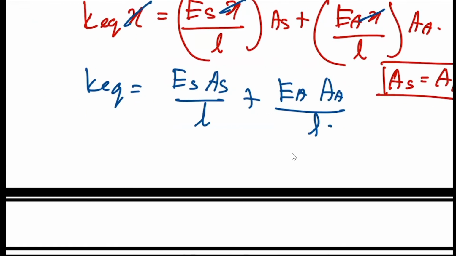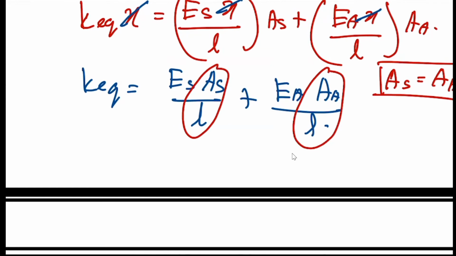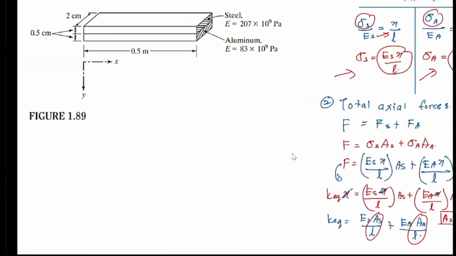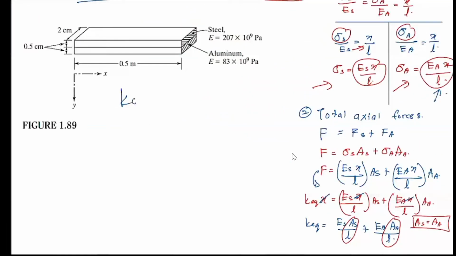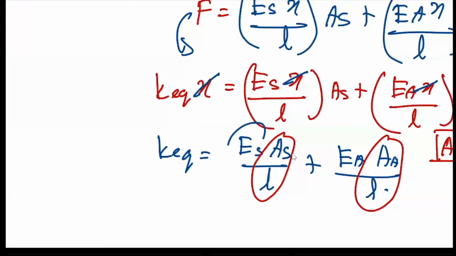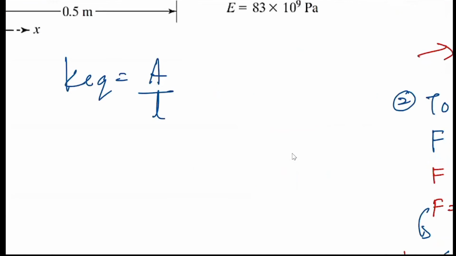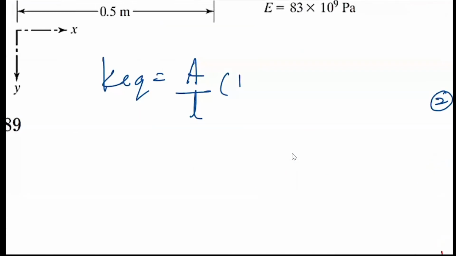Since cross-sectional area and length are the same, we can factorize them out to be A over L. Just A. You don't have to define it as A for steel or A for aluminium. Once you factorize that, you'll be left with ES plus EA, the Young's modulus for steel plus the Young's modulus for aluminium.